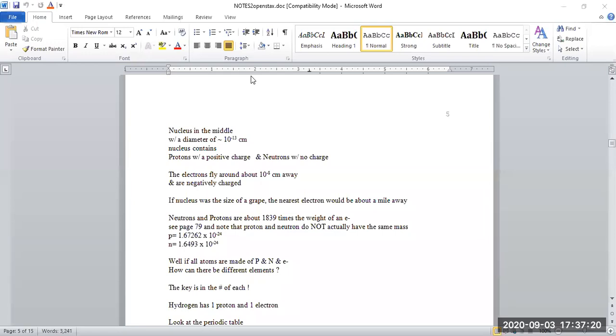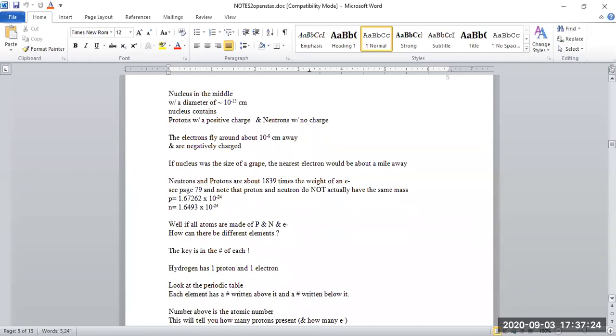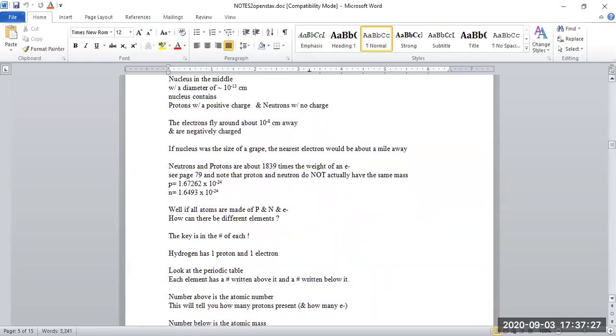I didn't get around to talking a little bit about the size differential, okay? Neutrons and protons are the bowling balls of the subatomic world. They are right around 1,839 times as big as an electron.